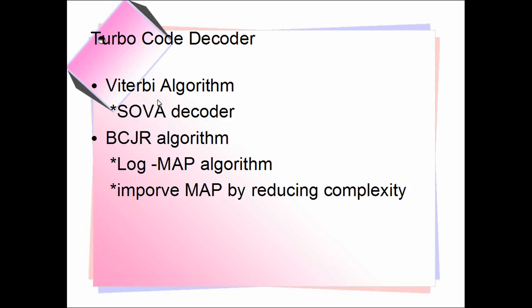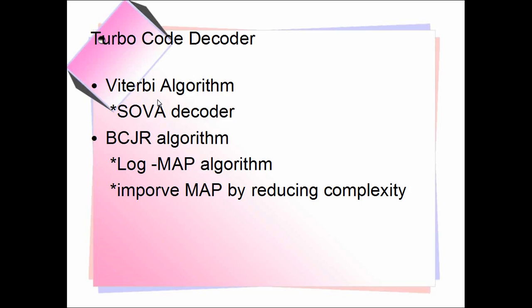And in that system, the turbo code decoder is called SOVA decoder, which is short for soft output Viterbi algorithm, which overcomes the shortcomings of the Viterbi algorithm. The Viterbi algorithm has two shortcomings.